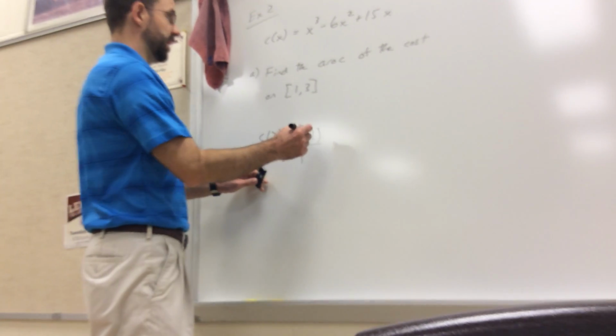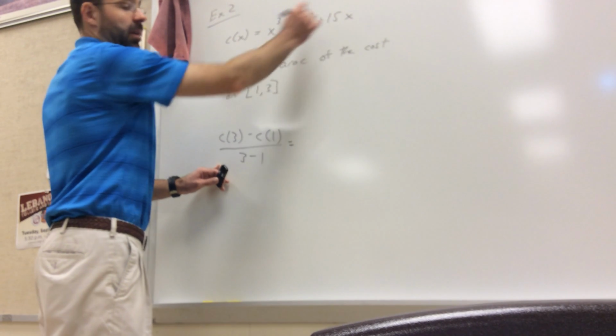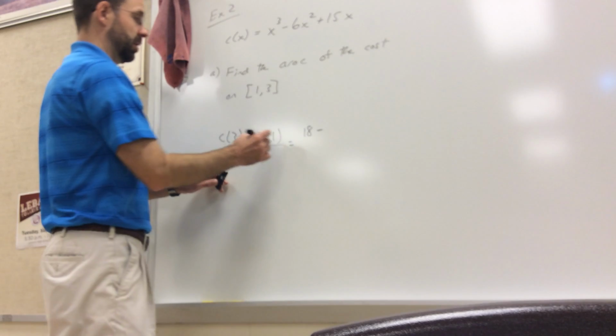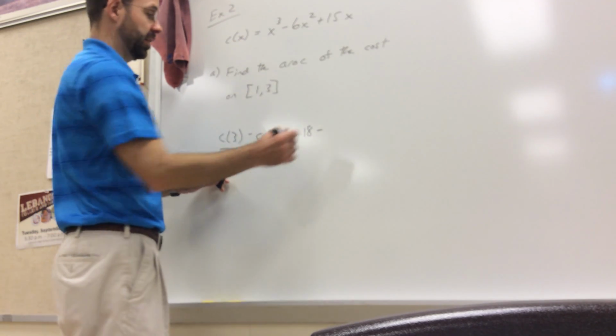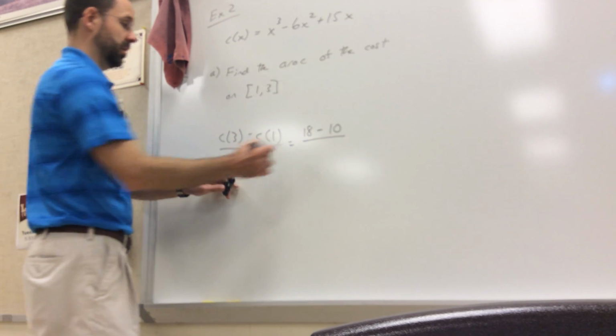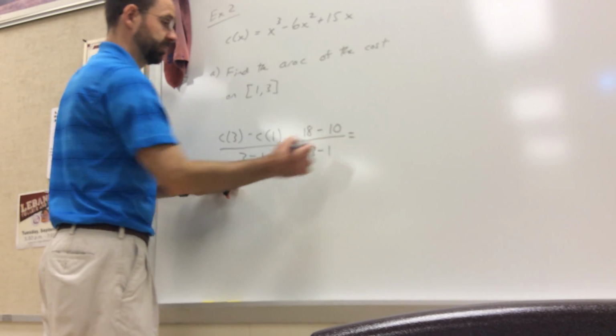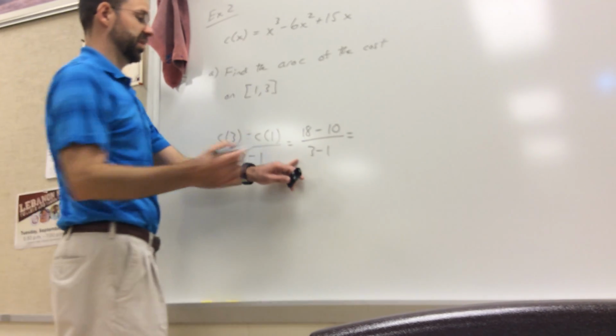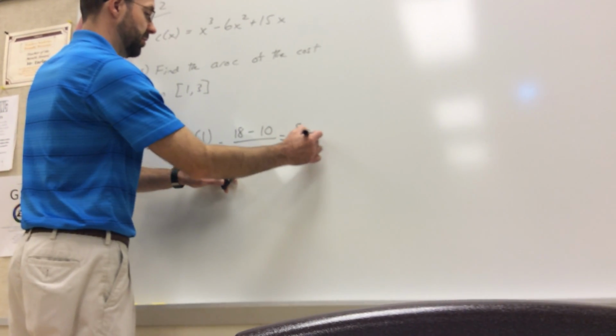So I plugged 3 into here, and it comes out to 18. And I plugged 1 into there, and it comes out to 10. Then we got 3 minus 1 on the bottom. Then 18 minus 10 is 8. 3 minus 1 is 2.